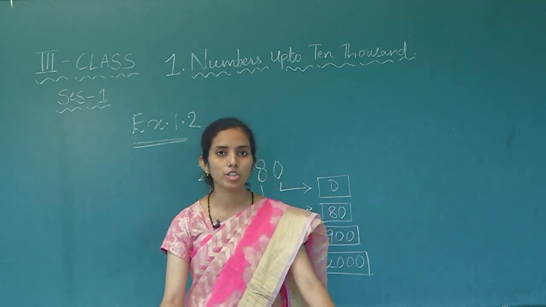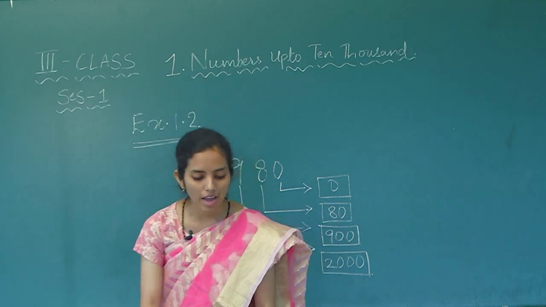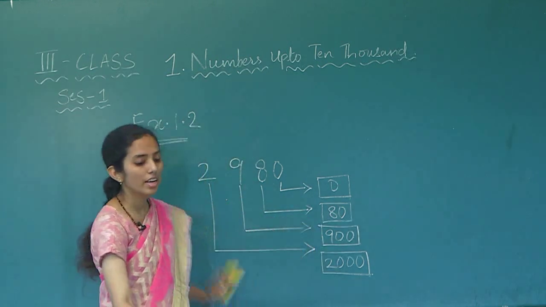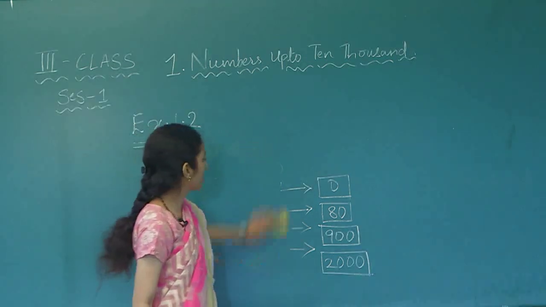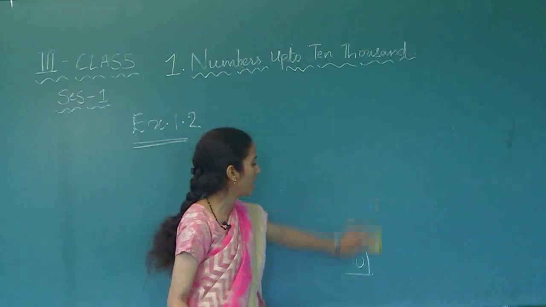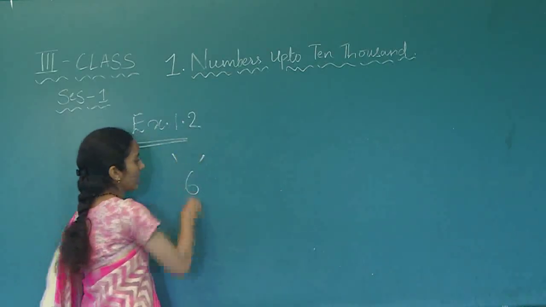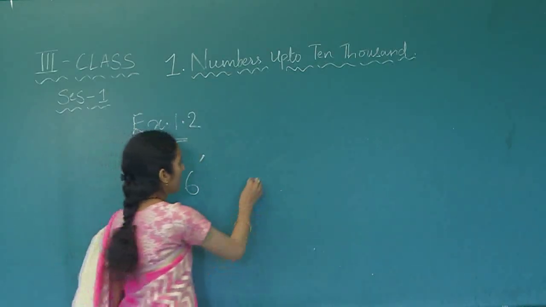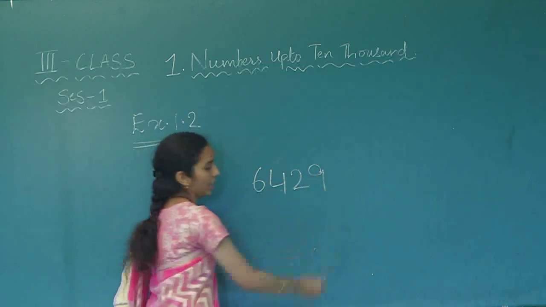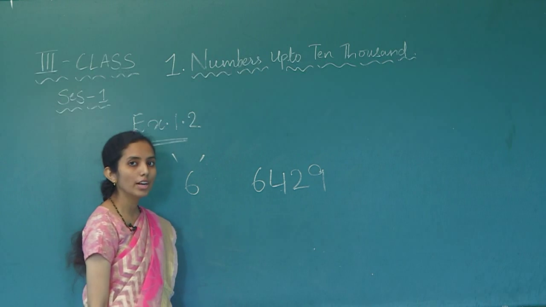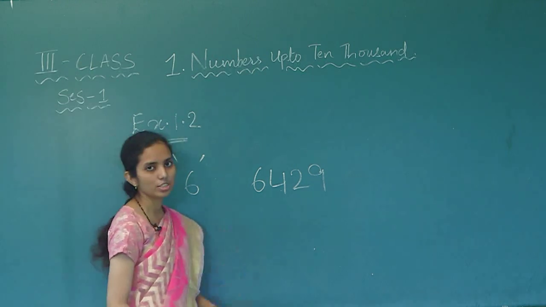And coming to the second question. What is the second question? Write the place value of 6 in 6,429. What is he asking? He is asking the place value of 6 in 6,429. So how do you write it? By looking at it also we can say it is simply 6,000.